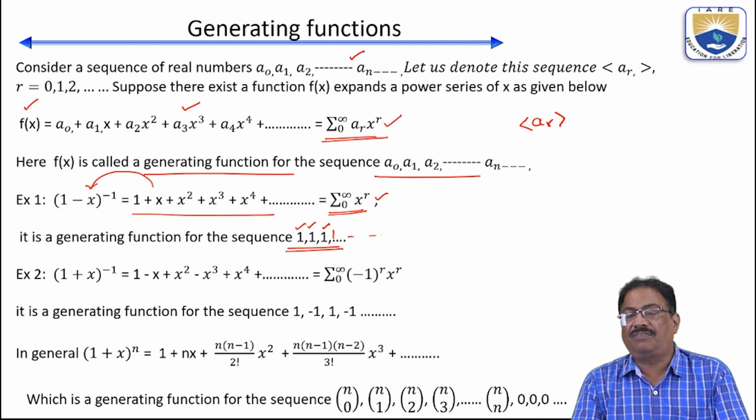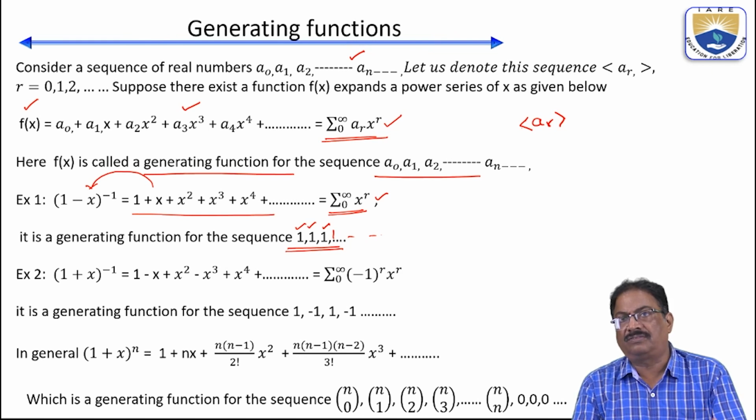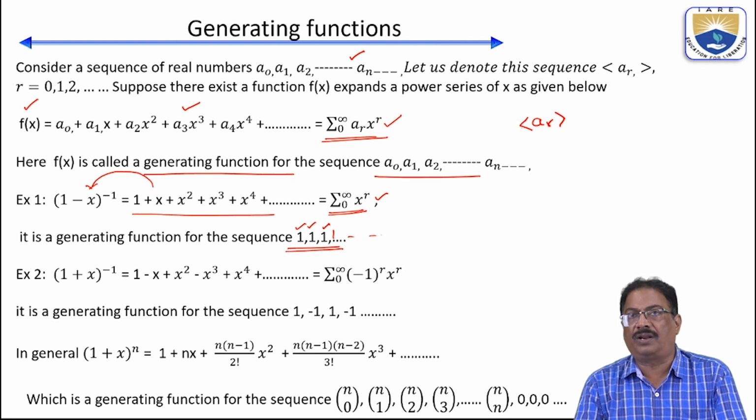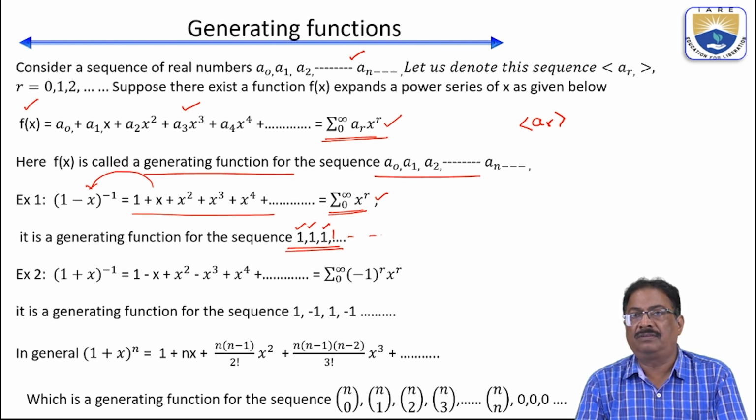So for any sequence, if the terms are the coefficients of the constant term, x term, x square term, x cubed term and so on, then such a function is known as the generating function for that sequence.